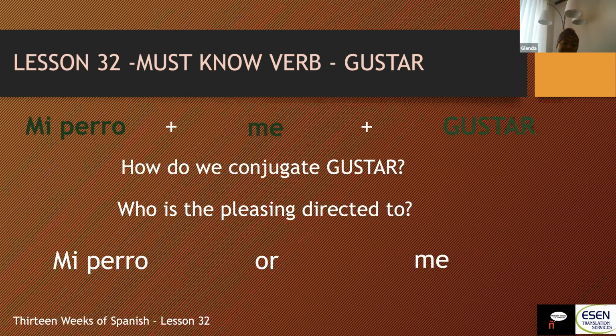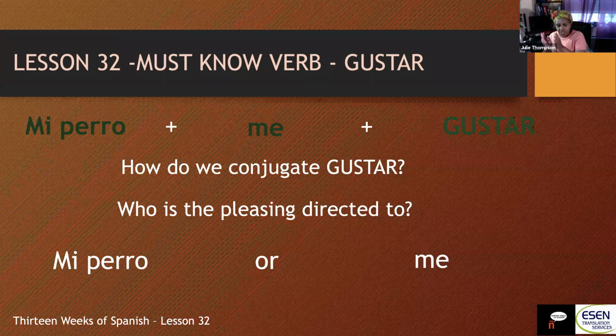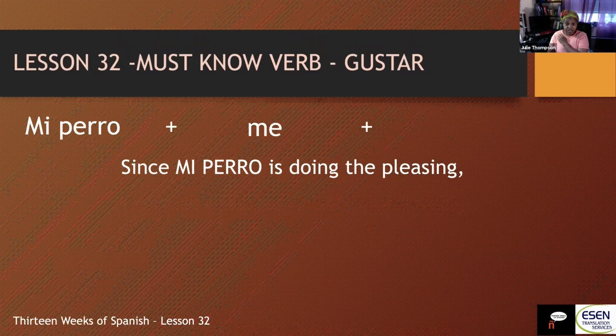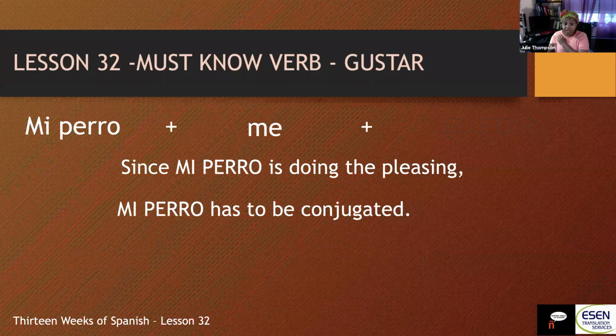Okay. So who conjugates the gustar? The dog. Mi perro, not me. So it's mi perro, me. Since mi perro is doing the pleasing, mi perro has to be conjugated.